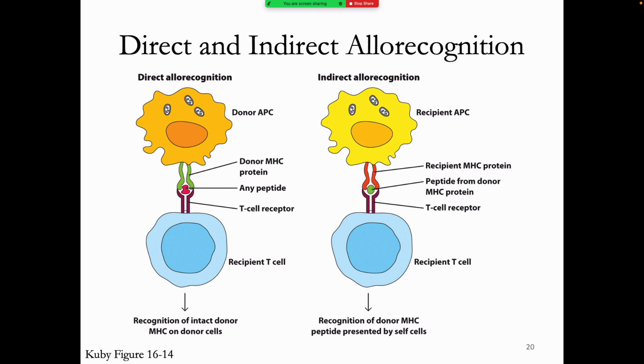With indirect allorecognition, we are assuming that some cell from the graft dies. So let's imagine the situation of a kidney transplant.